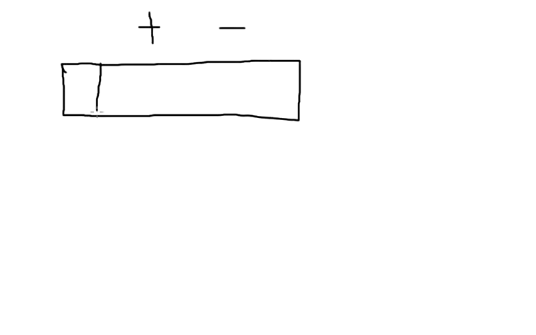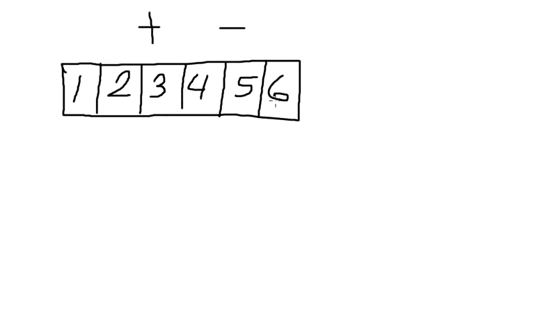and I divide it into equal parts, we have 1, 2, 3, 4, 5, 6, assumingly equal parts. And let's think about this as far as whenever we're going to do addition and subtraction.